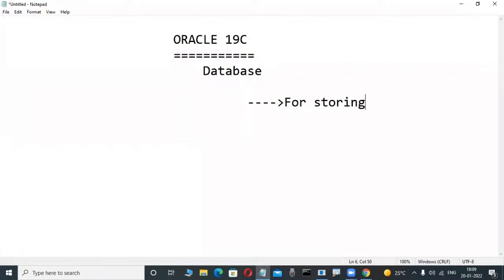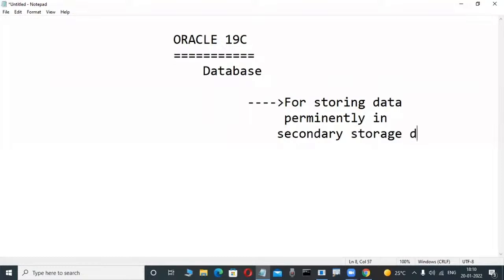For storing data permanently in secondary storage devices. Secondary storage devices means maybe hard disk or not. Yes, here. One of these. Okay, secondary storage devices.